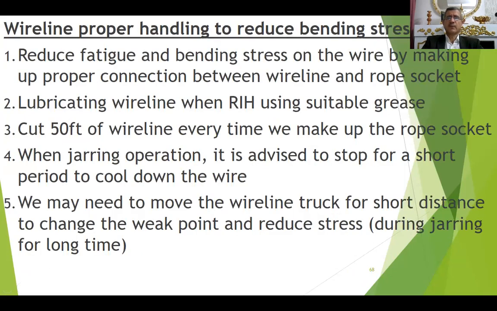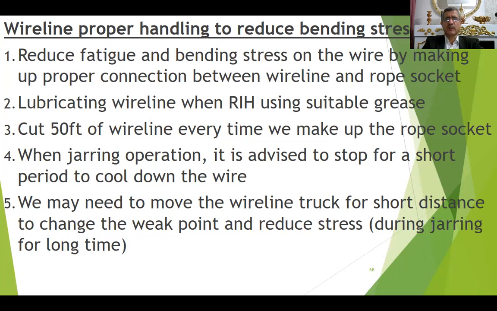Wireline proper handling to reduce bending stresses. After we first run the wireline in the hole, we have to put lubricant on the wire to reduce the friction. From time to time we cut about 50 feet from the wire to change the weak point. During jarring operations, it is advised to stop for a short period to cool down the wire.